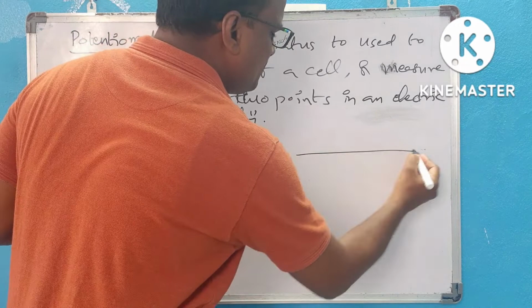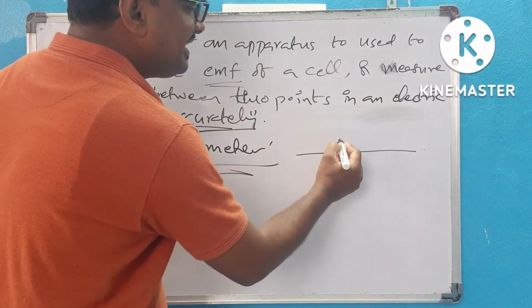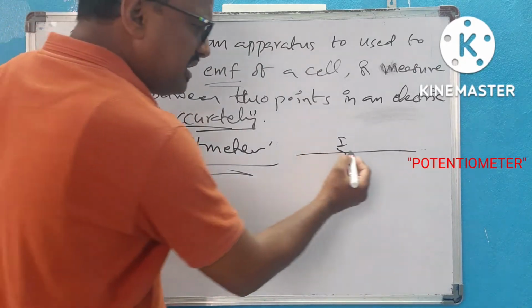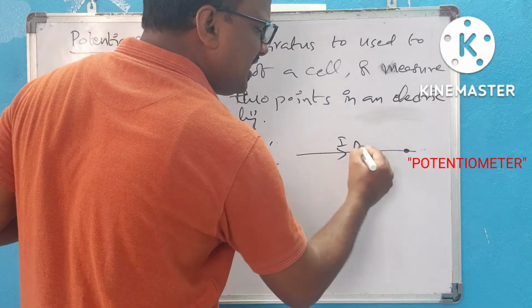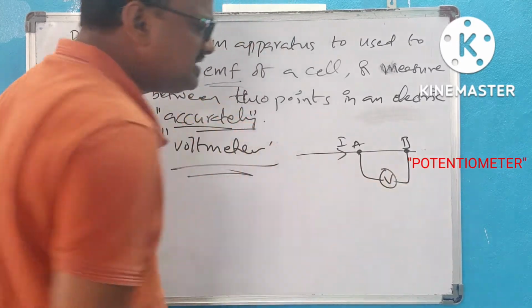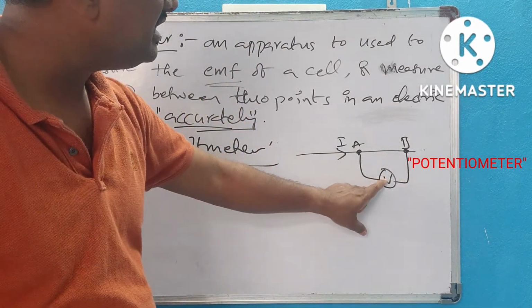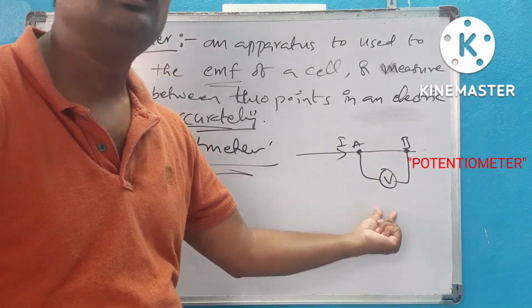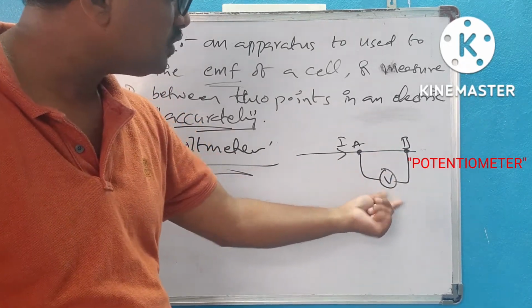For example, a current I is passing through a wire. If we need to measure the potential difference between these 2 points, point A and point B, we connect the voltmeter here.